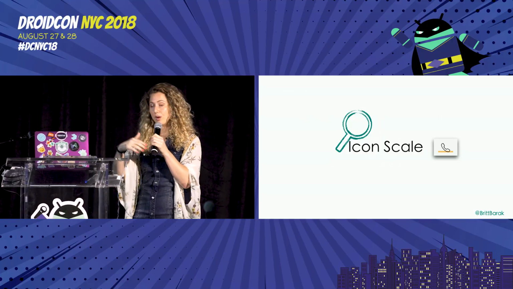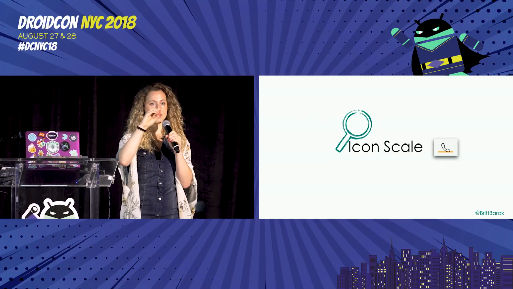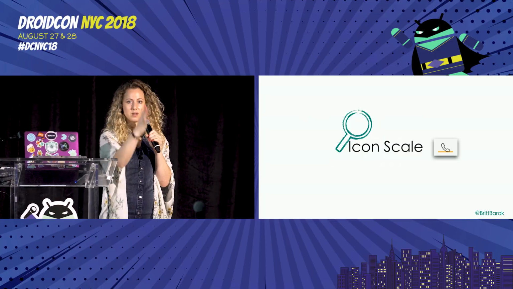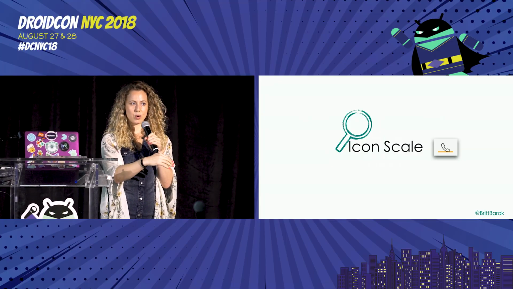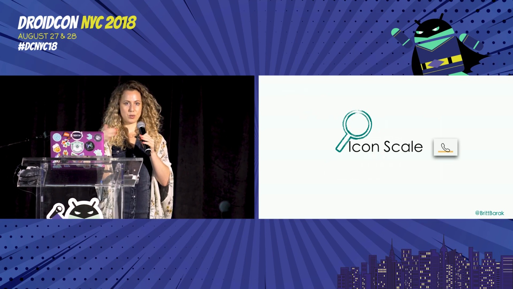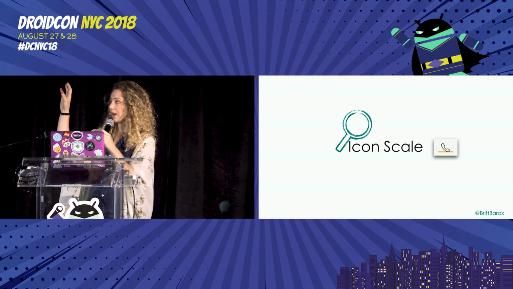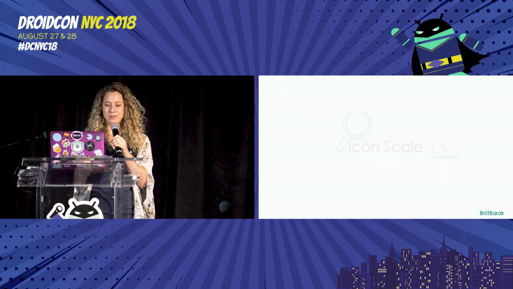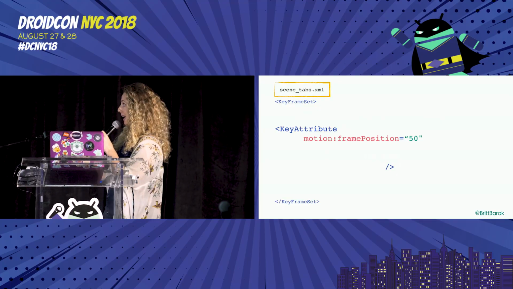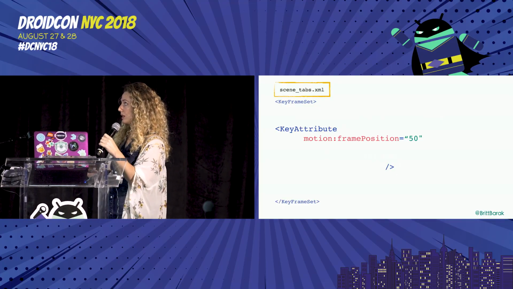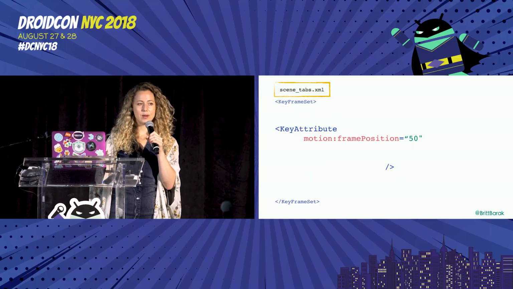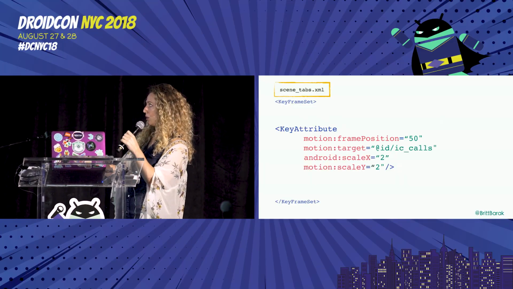So, for example, first thing I want to do is to have the icon scale animated. So at the middle of the path, at frame 50, between 0 and 100, we want to have the icon scaling. How do I do it? I add a key attribute in the keyframe set at frame 50, so it's exactly in the middle.